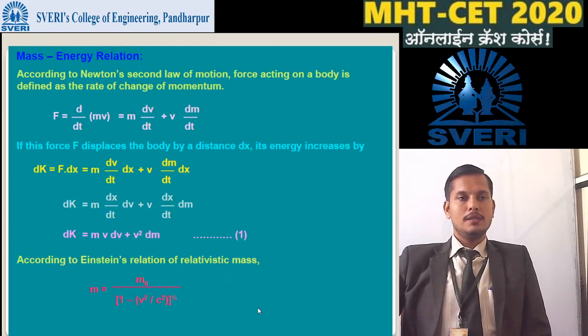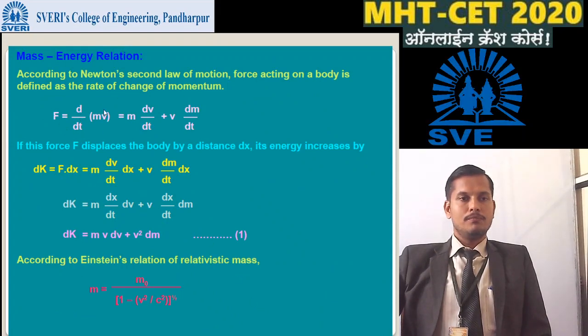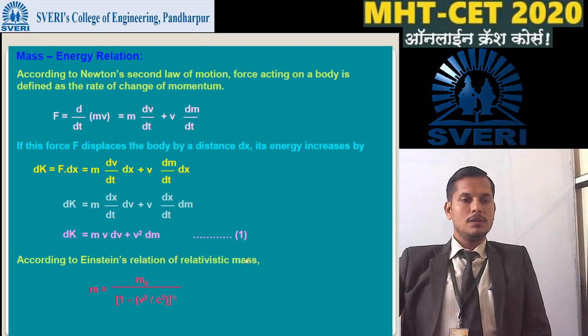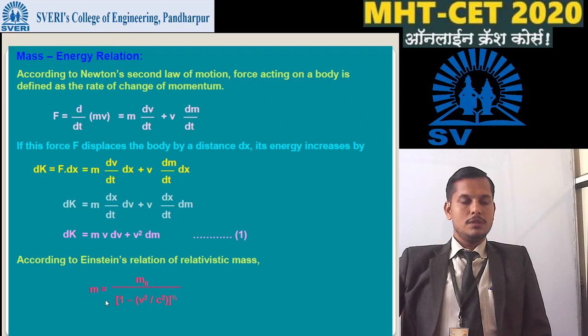So how did we get that? First, we considered the rate of change of momentum, considering that mass also varies with the motion of the particle or object. Then we used the value of force in the change in kinetic energy equation, dK is equal to F into dx. After putting this in and adjusting dx by dt as v, we got equation number 1. Then we considered the relativistic mass equation, m is equal to m0 divided by under root 1 minus v square by c square.